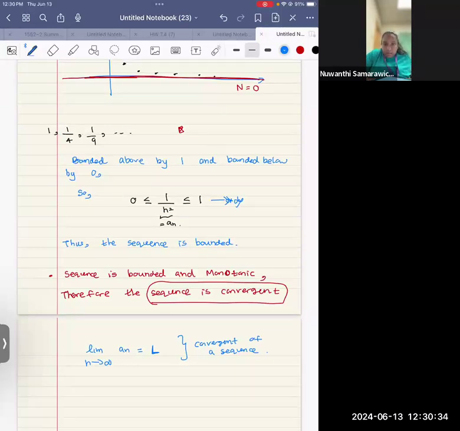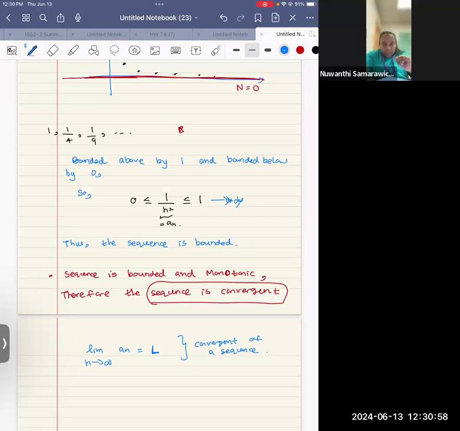Does it always have to have an upper and lower bound and still fit this idea? No, to be a convergent sequence, it has to be bounded. So what does it mean? Bounded means it should have the upper bound and lower bound.